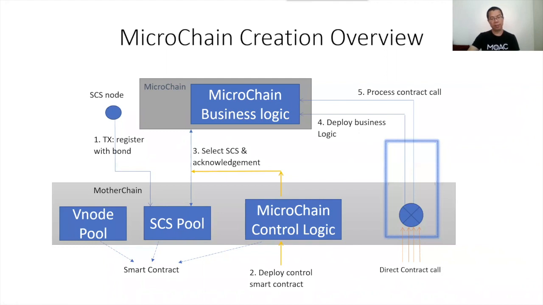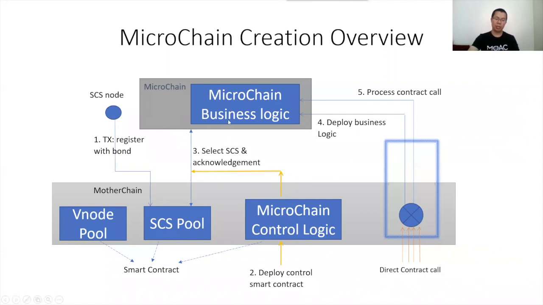If we want to deploy, the next step is to deploy a microchain. We deploy a smart contract, which we call the control smart contract, in the lower layer, and it has all the microchain control logic in it. Behind the scenes, it does the selection, as I said earlier, a random selection from the pool.